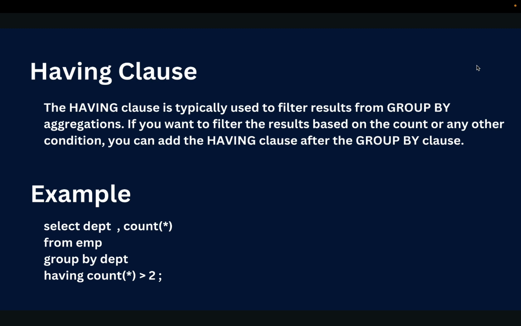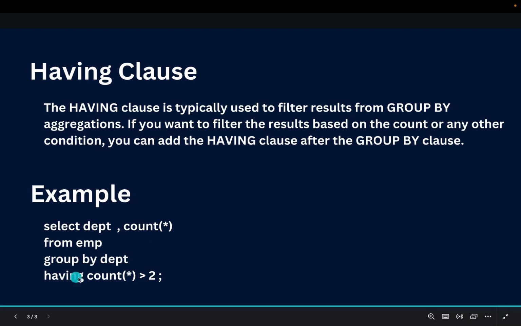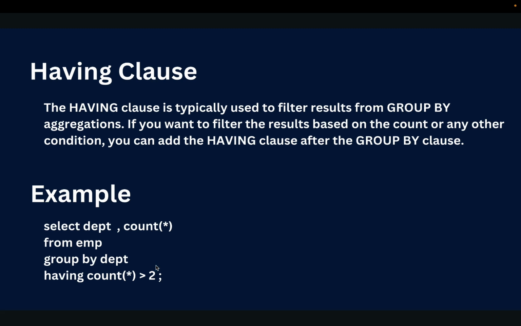If you want to filter the result based on the count or any condition, you can add the having clause after the GROUP BY clause, right? For example, SELECT department, COUNT(*) FROM EMP GROUP BY department. Here I need to put a filter on COUNT(*), then I cannot use the WHERE clause, right?